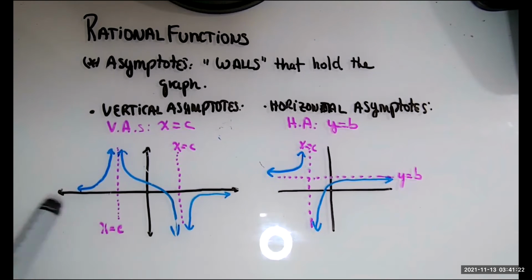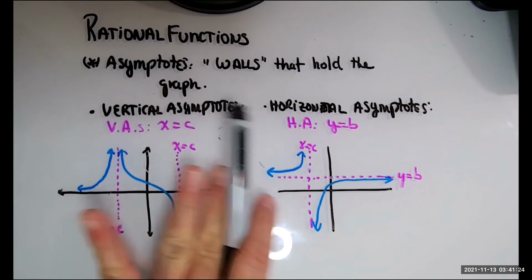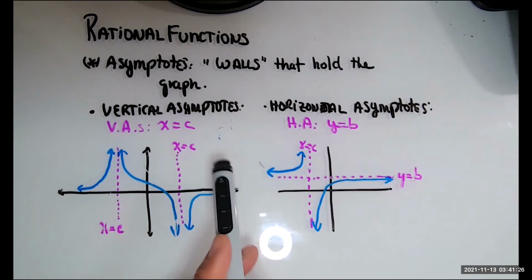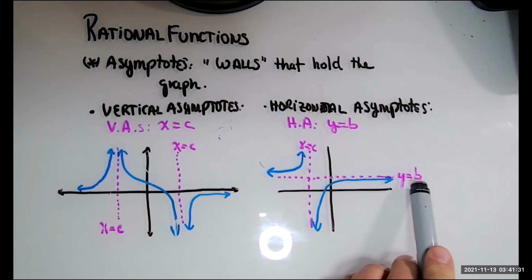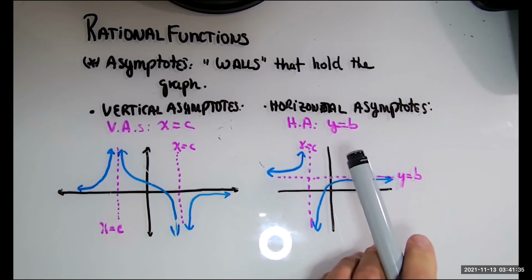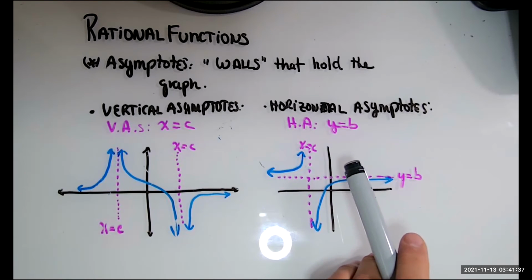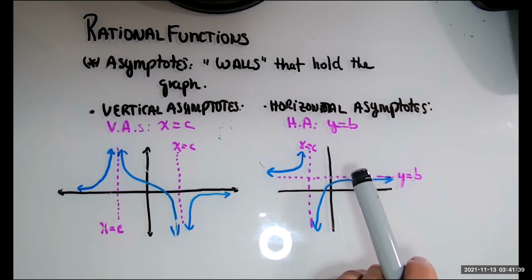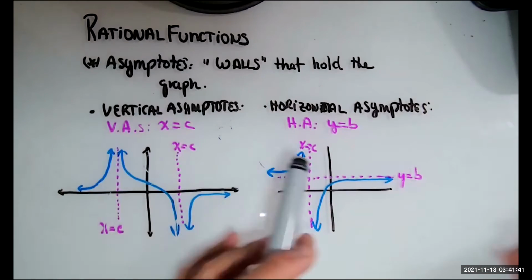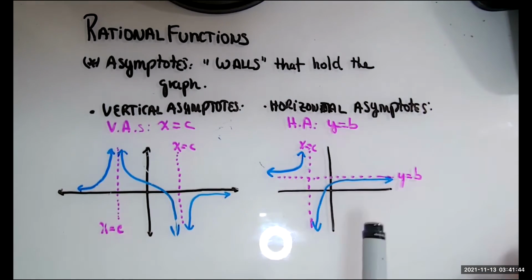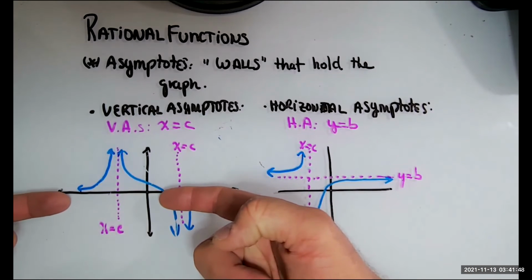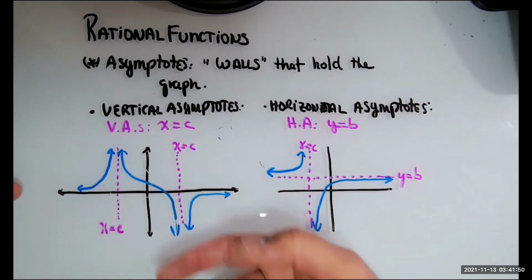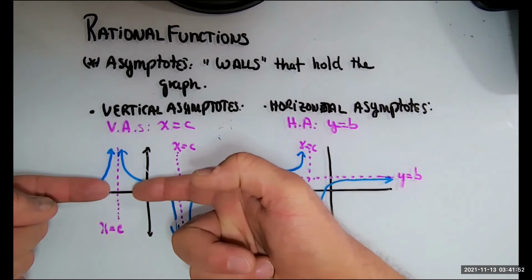By the way, this one also experiences a horizontal asymptote. In this case, y equals b will be a horizontal asymptote. Horizontal asymptotes cap the function and do not let it continue growing to infinity or negative infinity. Vertical asymptotes describe the behavior when I get very close to a number, either from the left or from the right.